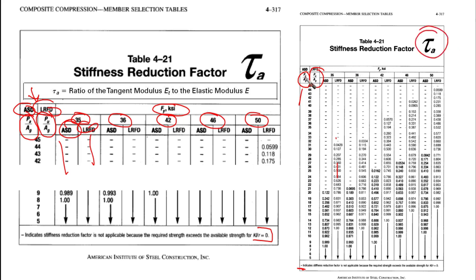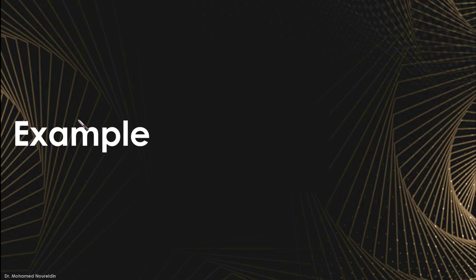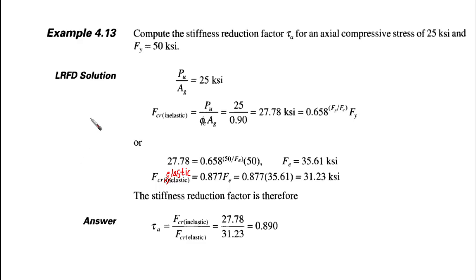Now let's have an example and see how we can use what we have learned up till now. Compute the stiffness reduction factor tau alpha for an axial compressive stress of 25 ksi.